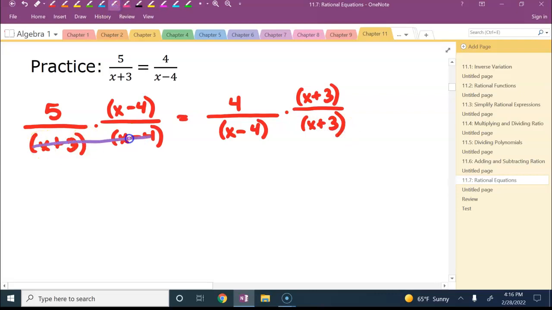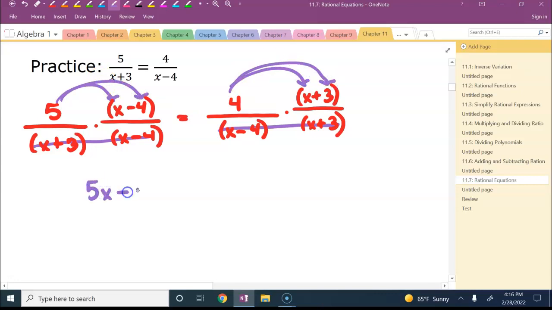Again, my denominators would eventually cancel, so I'm not going to worry about them right now. So on the top, you're going to want to distribute the 5 and your 4. So it's going to say 5x minus 20 equals 4x plus 12.